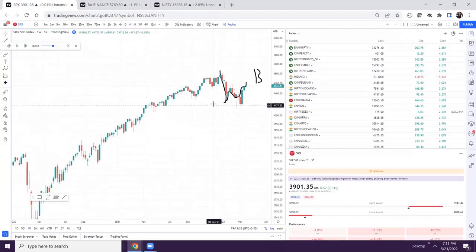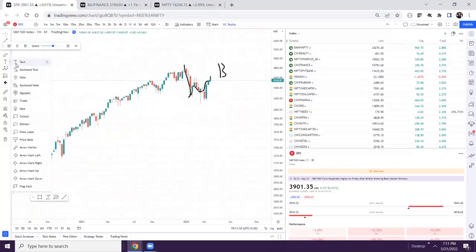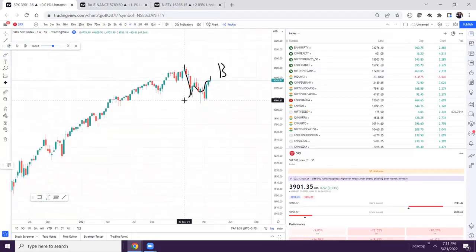Now this is A and this is B. So what are we expecting it to make? It should fall down from B to form C, right? When we study waves, this is the concept: we have to trade the next wave. From the weekly chart, our prediction is that the next movement will be on the downside.